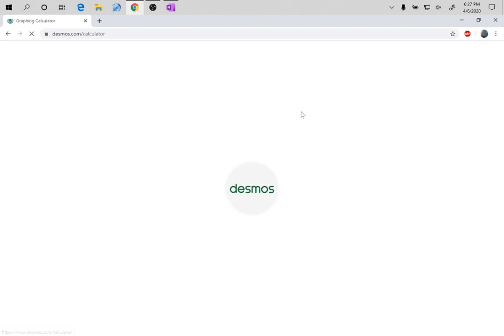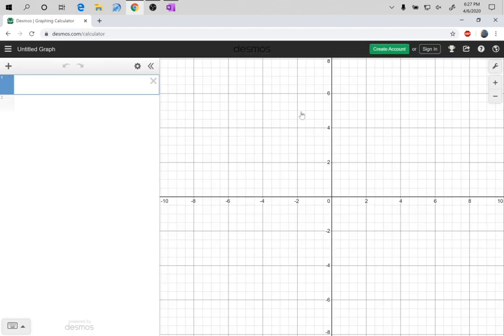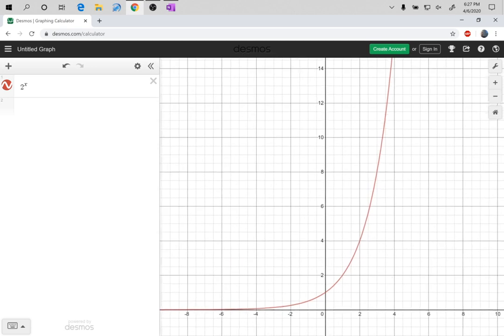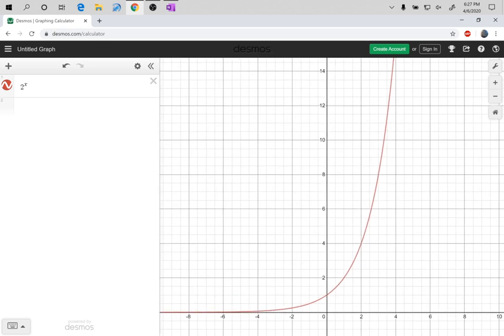Desmos.com, there we go, start graphing, and here is our 2 to the x, right? And you get this red graph, and you see it looks exactly the same as the graph that we had.